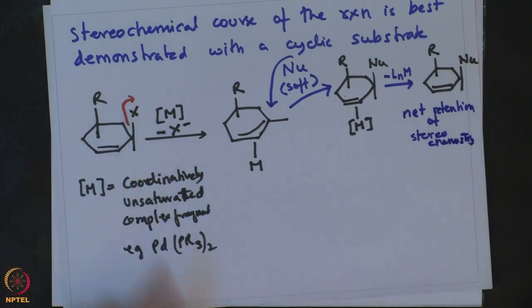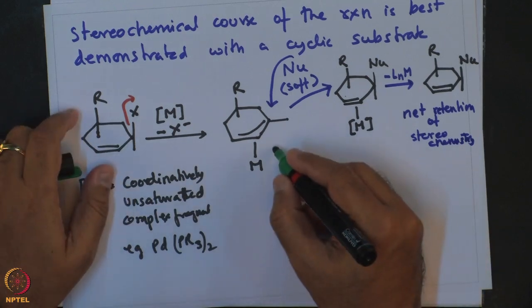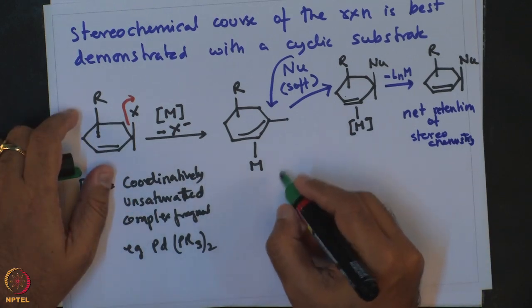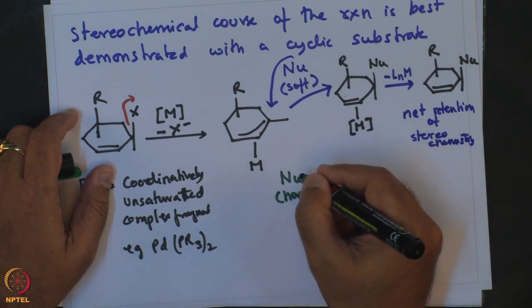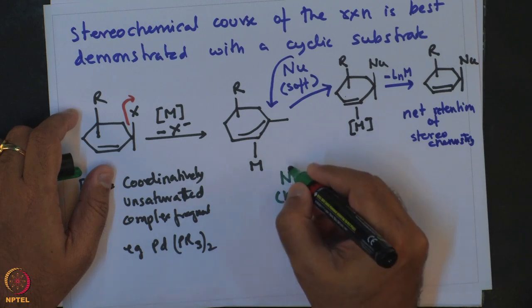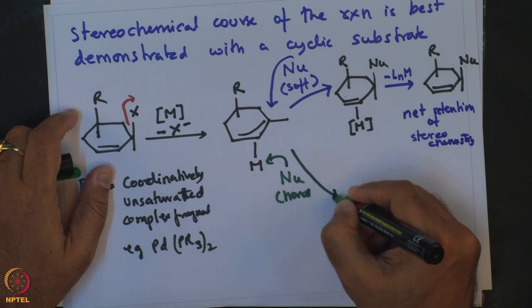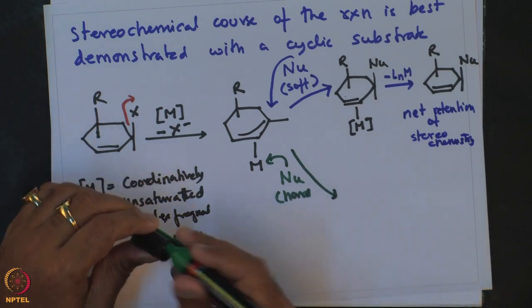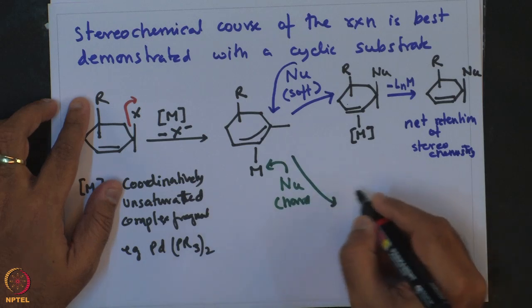Now, in case of hard nucleophile, when Nu is hard, then hard nucleophile attacks at the metal and a different reaction proceeds.